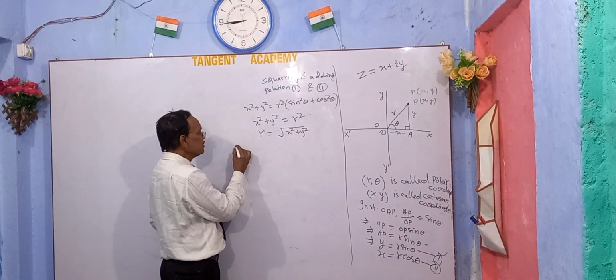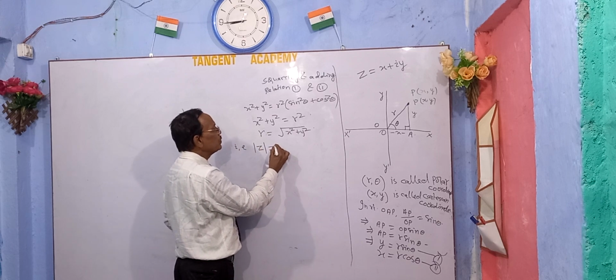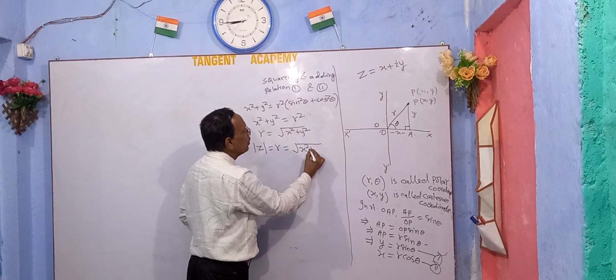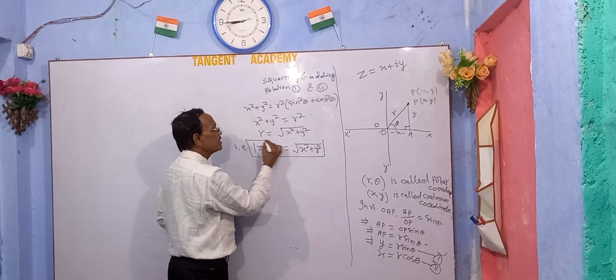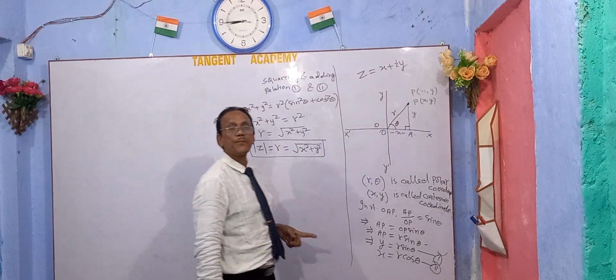That is, mod z is equal to r is equal to under root x square plus y square, which gives the magnitude of the line segment OP.